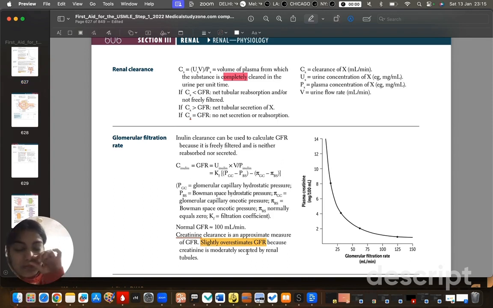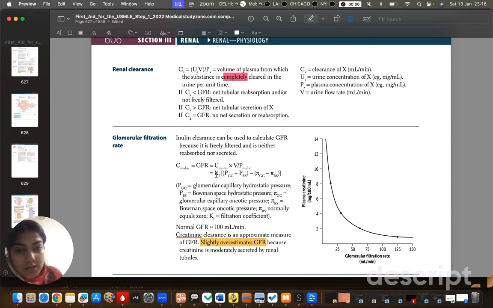But it's a close approximation, because inulin you have to inject, whereas creatinine is present in your body. It's coming from your muscles. And that's the formula here that they've given, inulin clearance equals GFR. So how you can calculate GFR with inulin is the concentration of inulin in your urine multiplied by the flow rate of your urine, divided by the plasma concentration of inulin.